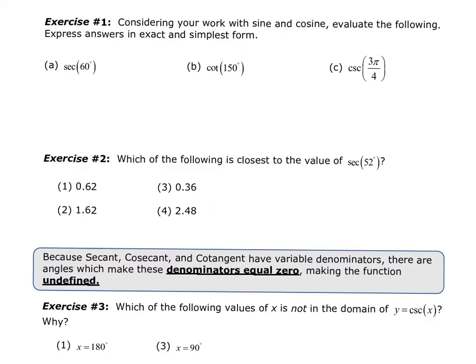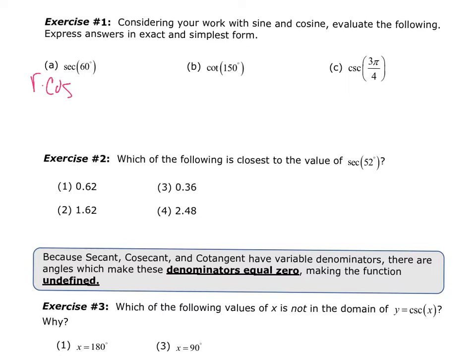All right, so shall we do some examples? We shall. So we're going to find the secant of 60 degrees. The secant is the reciprocal of the cosine, okay? So I'm going to find the cosine of 60 degrees.